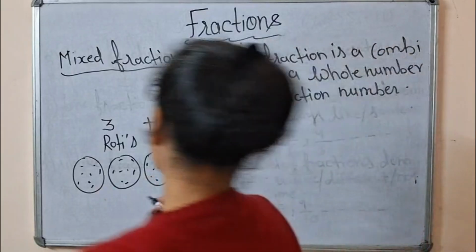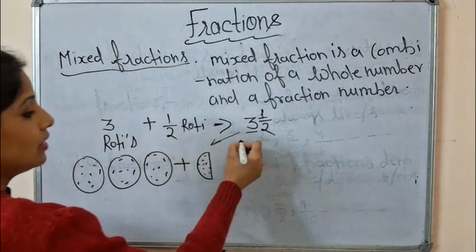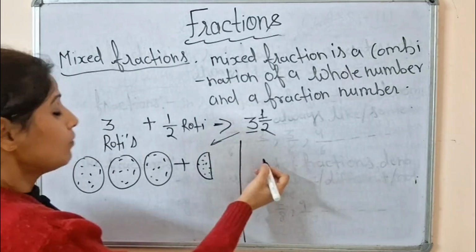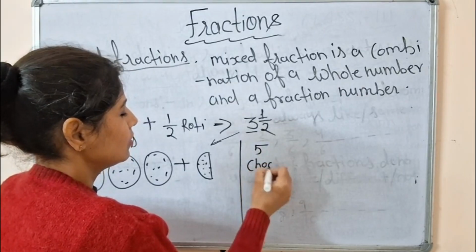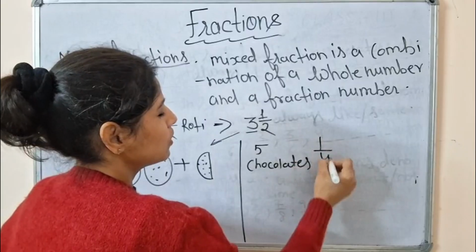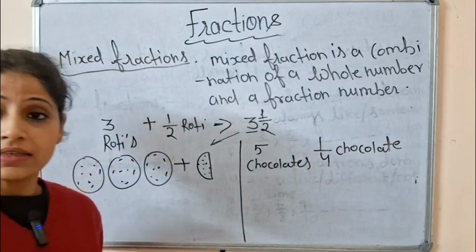Okay, so one more example I'm taking for this mixed fraction. For example, I want to represent 5 chocolates and 1/4 chocolate. How will you represent it?